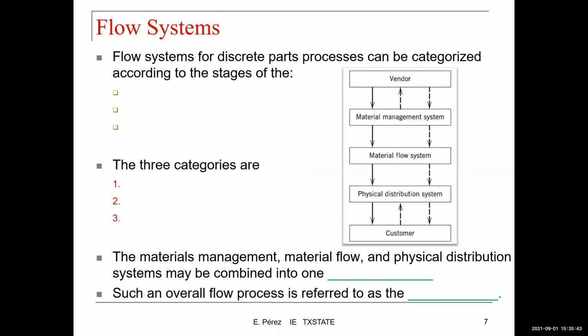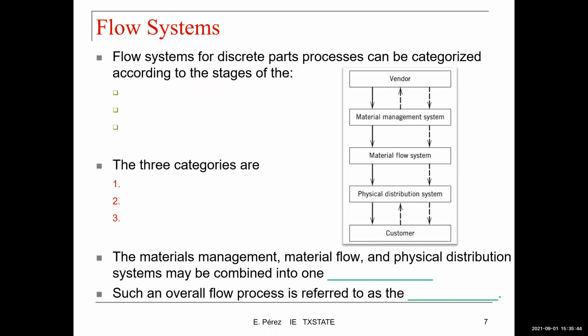Flow systems for discrete parts processes can be categorized according to the stages of the supply, manufacture, and distribution cycles. There are three categories: materials management systems, material flow systems, and physical distribution systems.